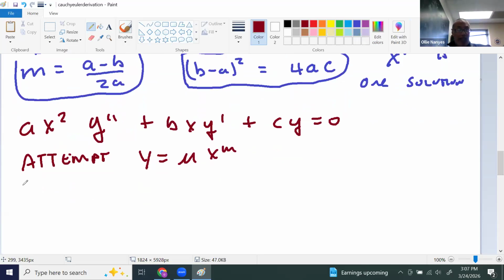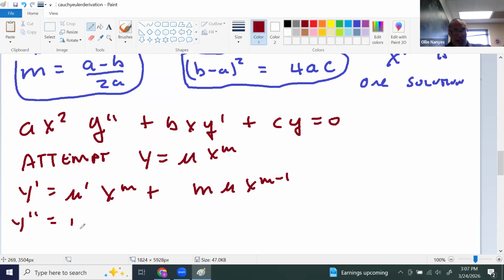Now, if we do that, y prime is u prime x to the m plus m u x to the m minus 1. y double prime is u double prime x to the m plus, now we do the derivative here, m u prime x to the m minus 1.